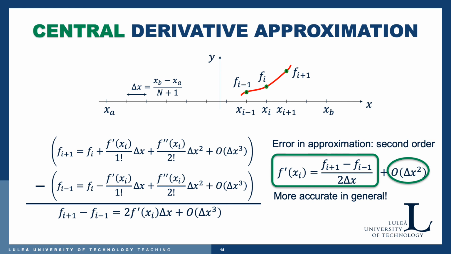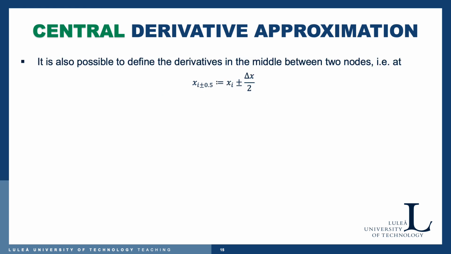So remember this. Another way of obtaining a central derivative approximation is to consider the function at the points in the middle between two nodes x_i. So we consider it at the nodes x_i ± 0.5 at the half mesh size.